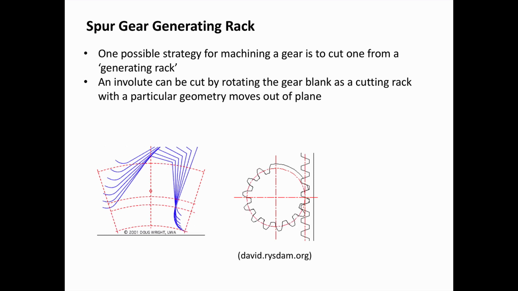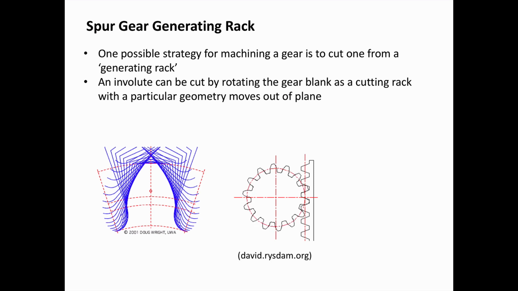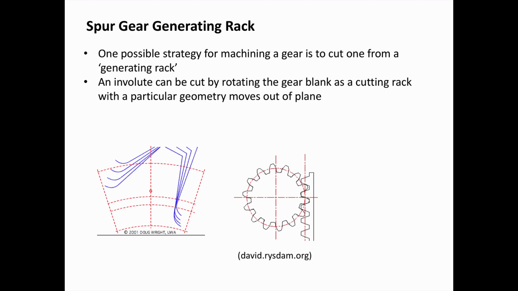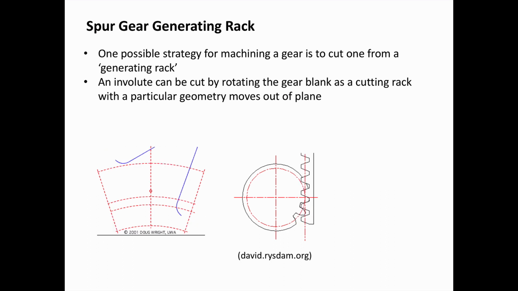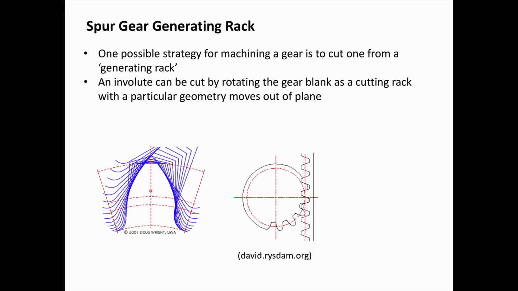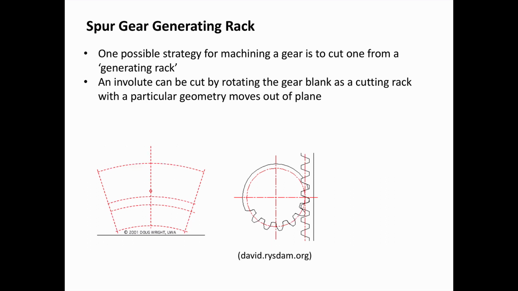Here's another animation showing the cutting of a gear using a generating rack. The generating rack is the straight rack with teeth, and then we have the circular gear blank. And what's not really shown here in the animation is we need to have some kind of movement out of plane, back and forth in and out of the screen, and that's where the cutting is actually going to occur.